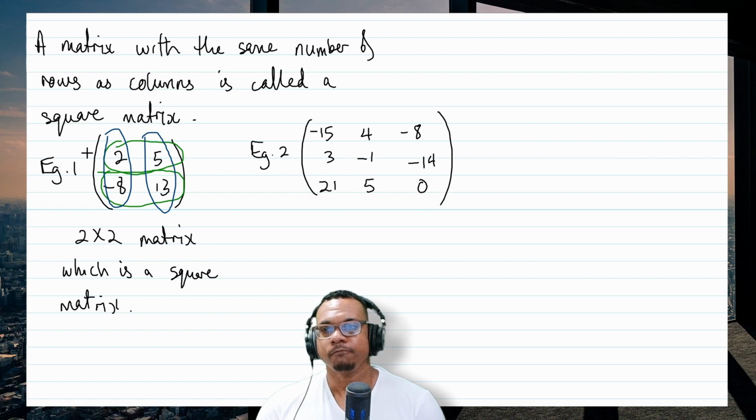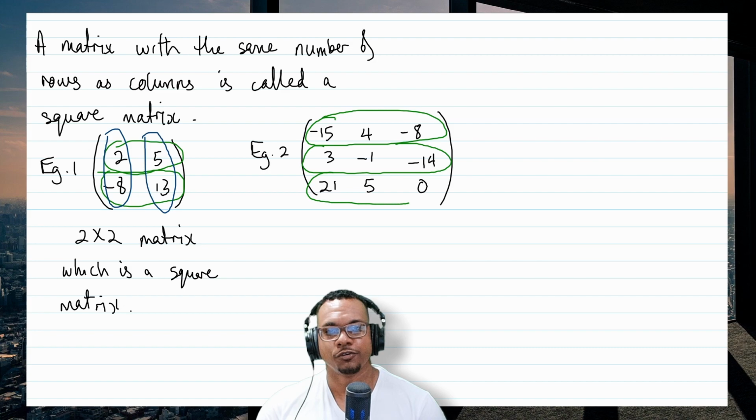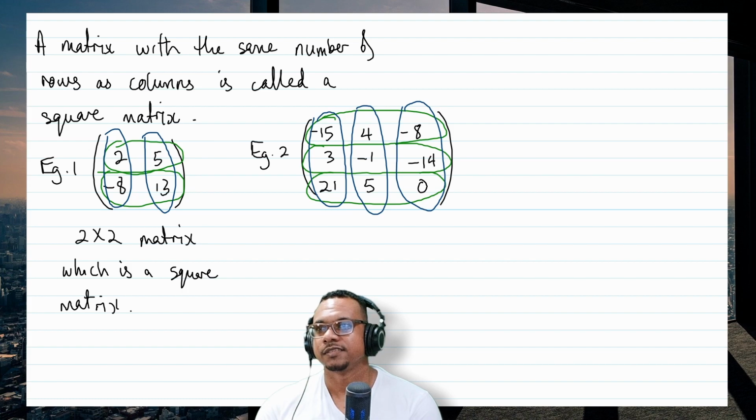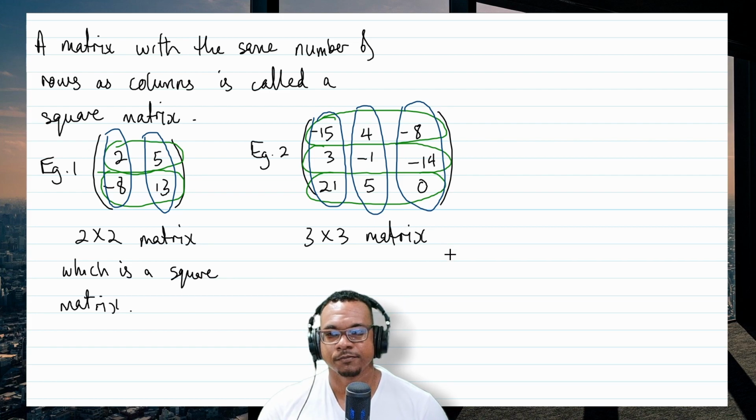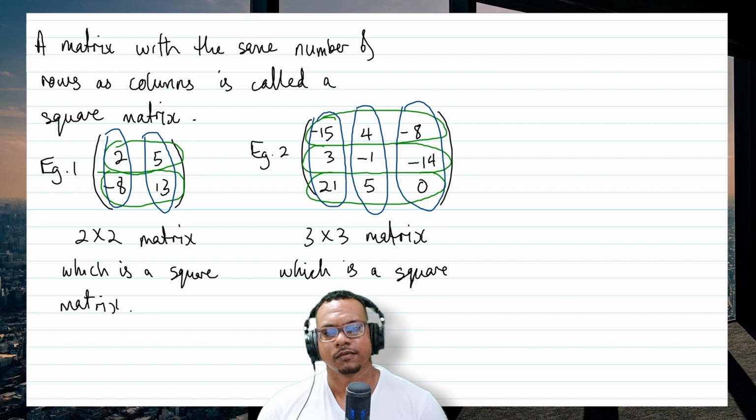This matrix has 1, 2, 3 rows, and 1, 2, 3 columns. So this is a 3 by 3 matrix. Same amount of rows as columns, which is a square matrix.